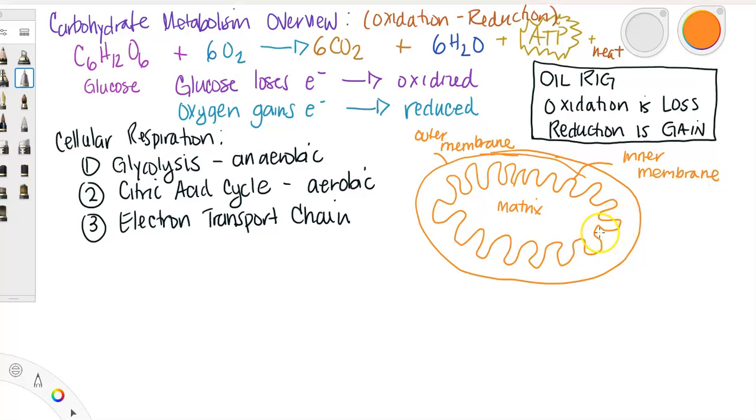And the space between the inner membrane and the outer membrane is called the intermembrane space. Okay, so these are going to be real important in the functioning of cellular respiration.